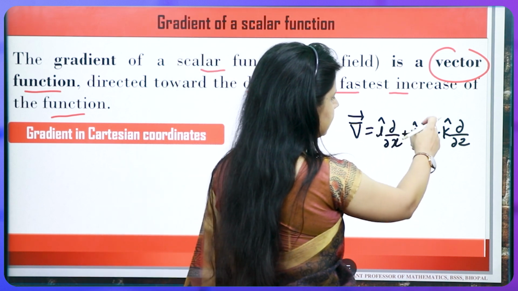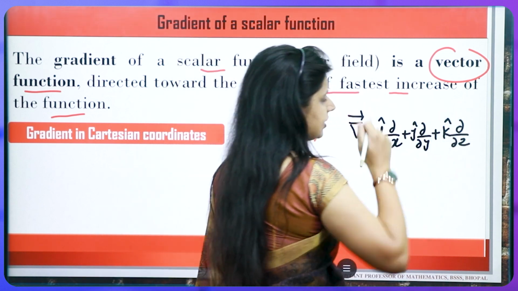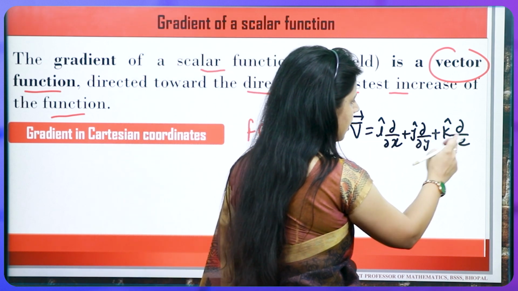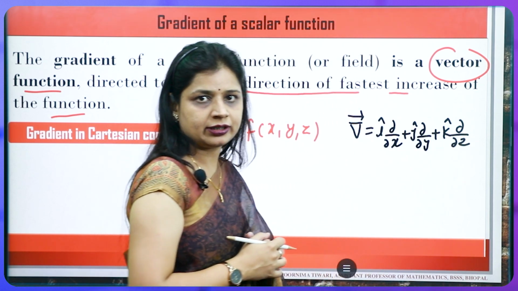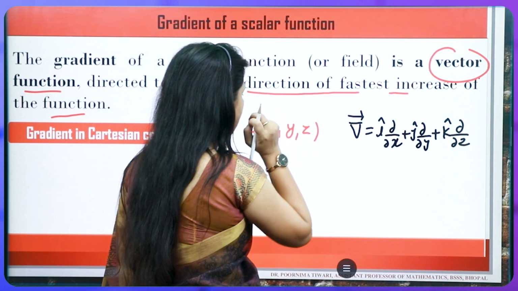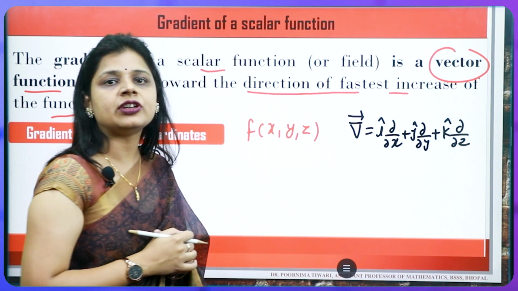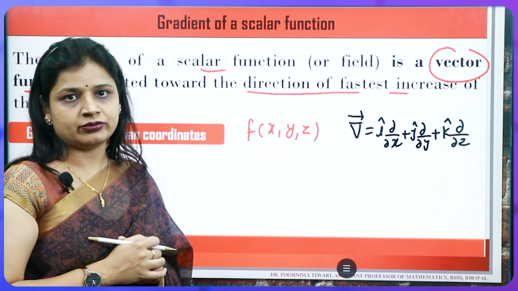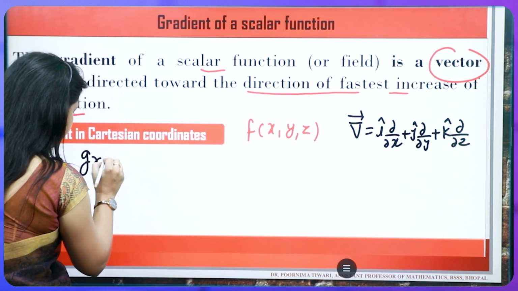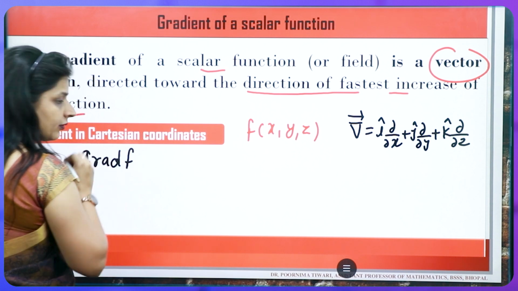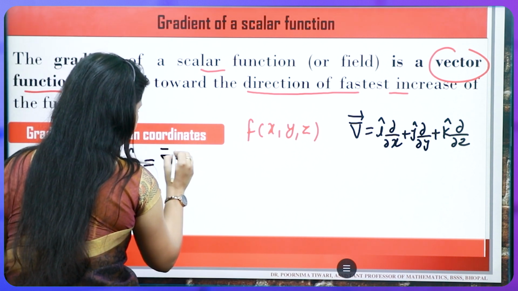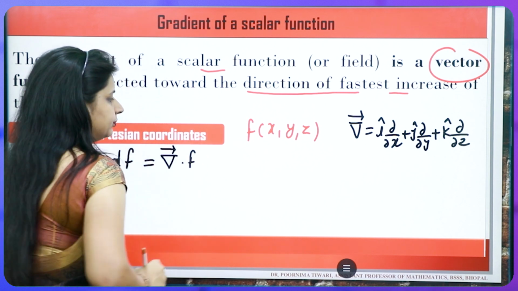Del by del x, del by del y and del by del z are partial derivatives with respect to x, y and z respectively. When we apply this del operator for this function f, we get gradient of f, and gradient of this function is denoted by grad f.